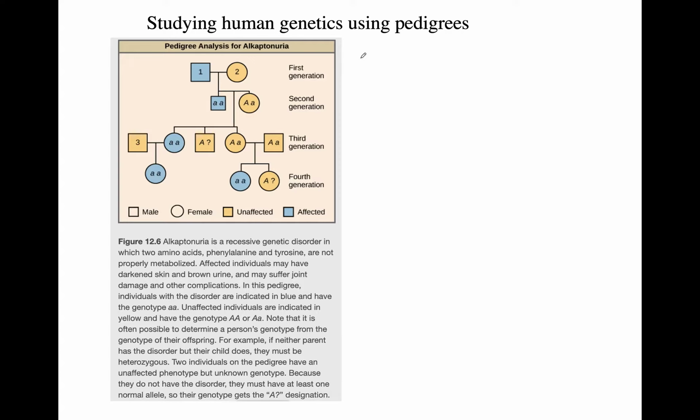So in a pedigree, a square is male and a circle is a female. Now in this image, they are shading normal and healthy individuals, let's say, because we're looking at alkaptonuria. This is a disease. It's a recessive trait. They're showing them with different colors, but in most of the pedigrees that you see, the affected individuals get a shading.